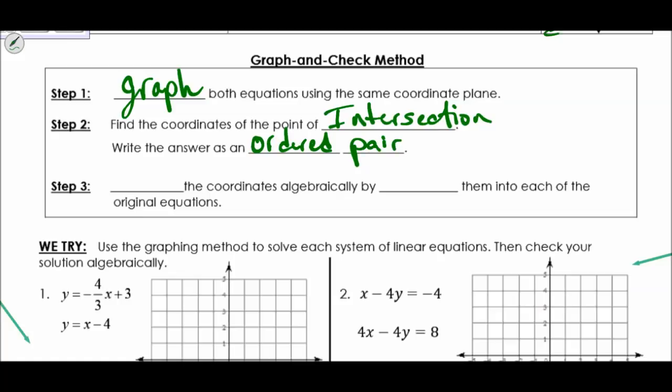Then we're going to check the coordinates algebraically by plugging them back in. You can plug them into both equations to make sure that it's actually on both of those lines. All right.